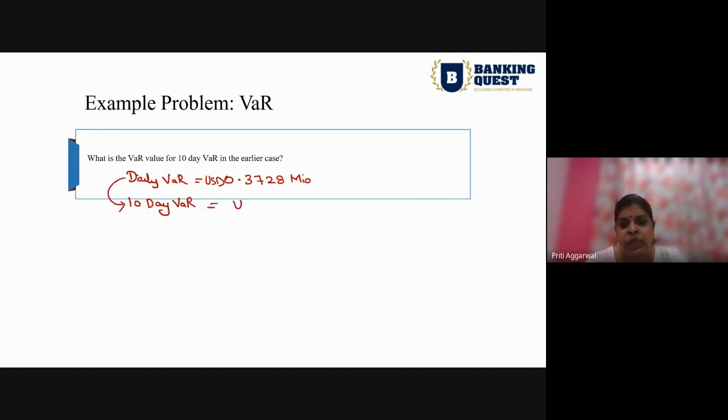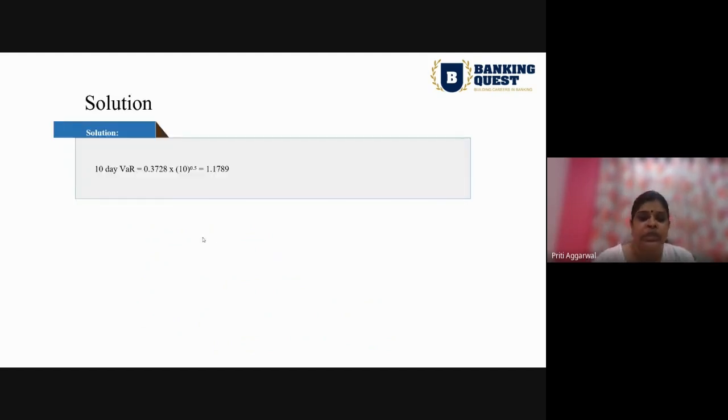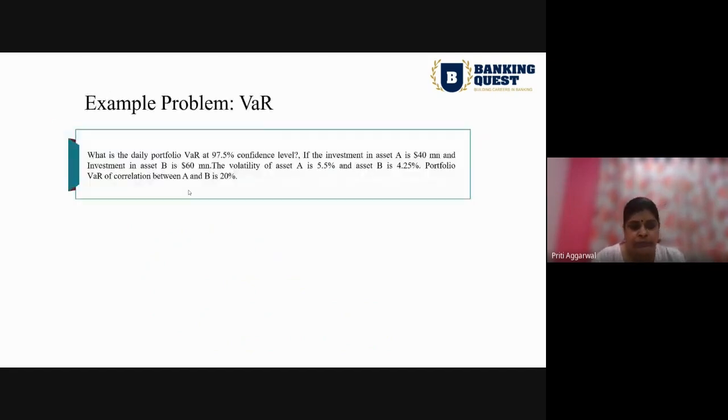Whatever is your daily VAR, that is 0.3728 million USD into the square root of the number of days, given to me as 10, will give me the 10-day VAR. So this is how I will calculate. So 10-day VAR will be 1.1789 million. I hope this is clear to you all, friends. So that is how we find out the 10-day VAR by multiplying your daily VAR.